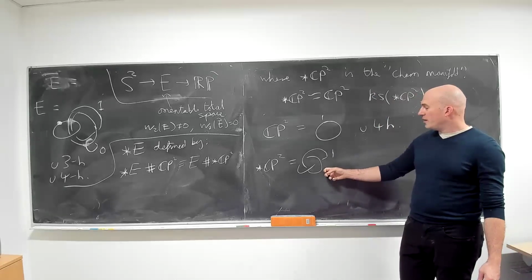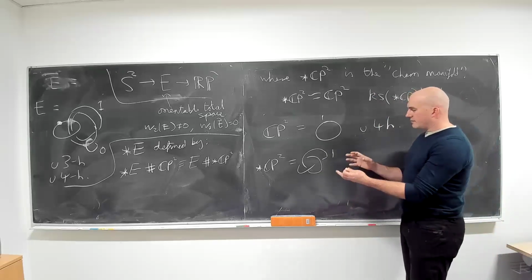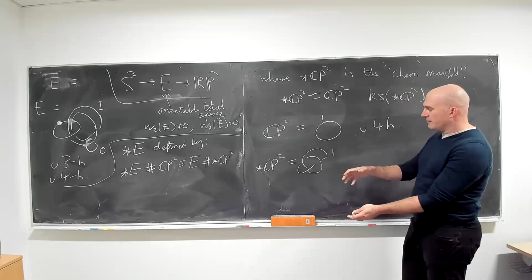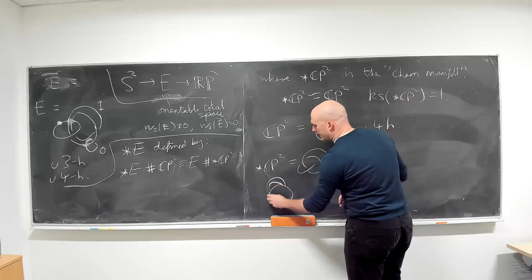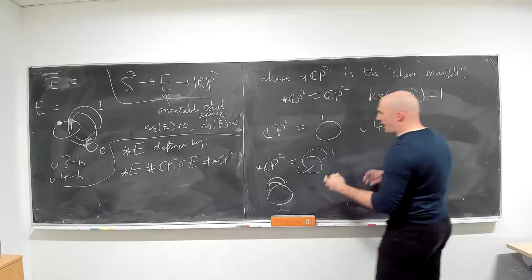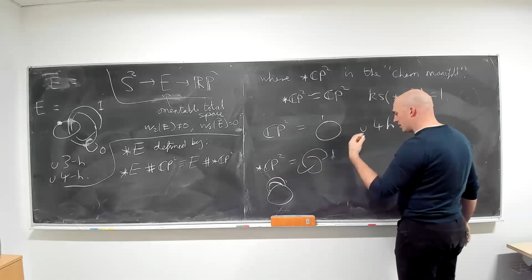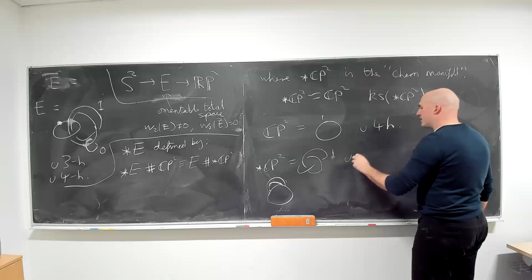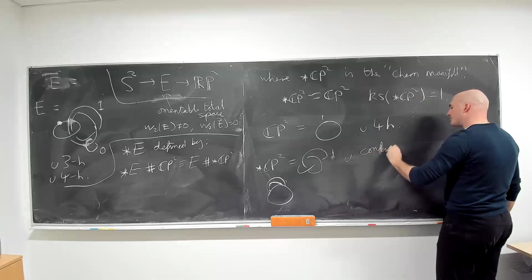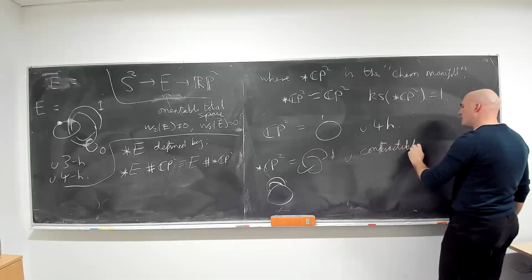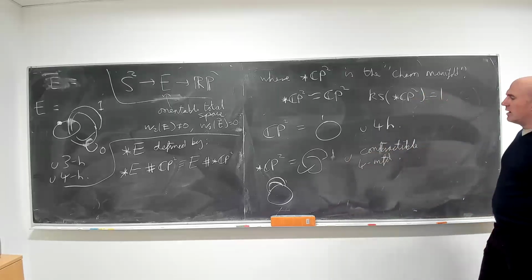If I attach a 2-handle to the 4-ball like this with framing 1, the boundary is a homology sphere, and one of Freedman's big results is that a homology sphere is the boundary of a contractible topological manifold. So this bounds some contractible topological manifold, and the union is this star CP2.